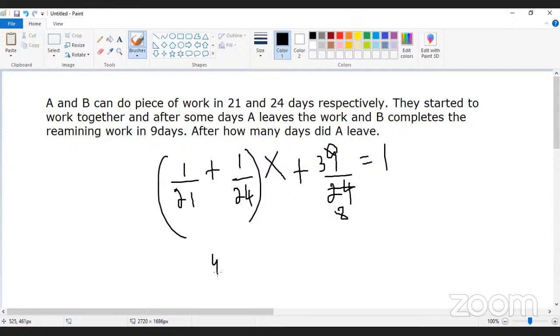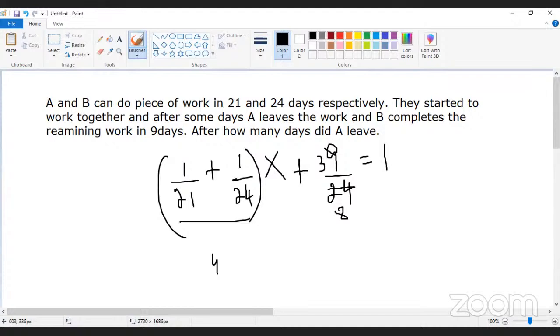Okay, fine. What would be the next? What would be the LCM of 21 and 24? You're getting 504. Any smaller value?